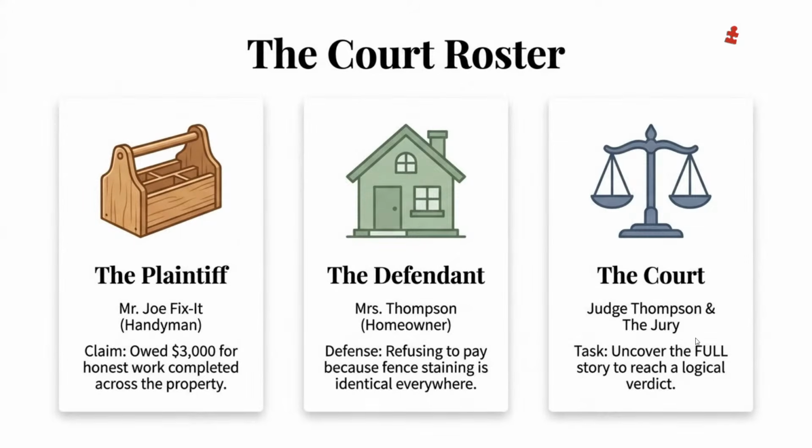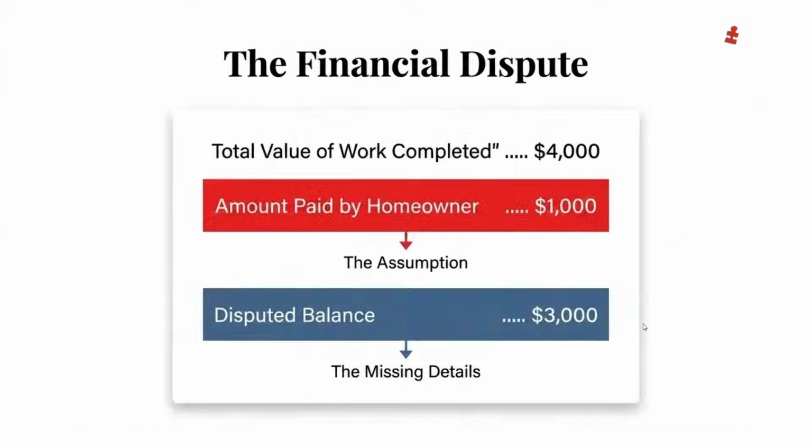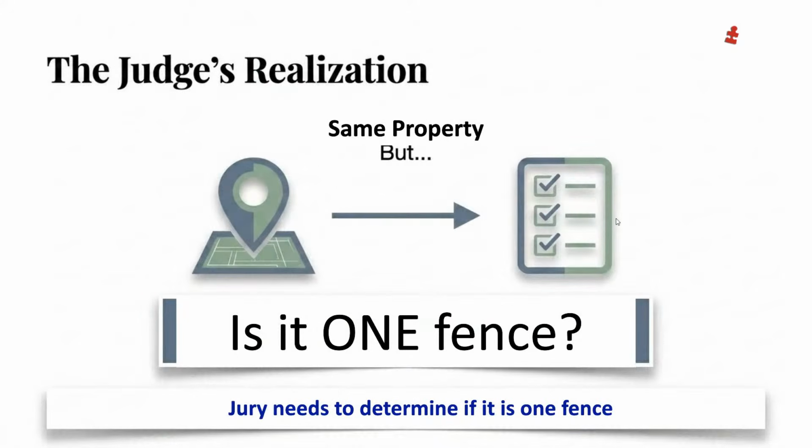And he brought it to court because he wanted the court to make the decision. Is he entitled to more money? He said, I quoted you $1,000 per fence. And Mrs. Thompson said, hey, I only got one fence, so I gave you $1,000. So the judge said, hey, is it one fence?